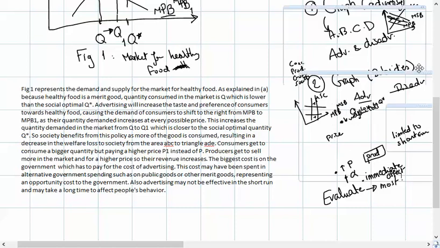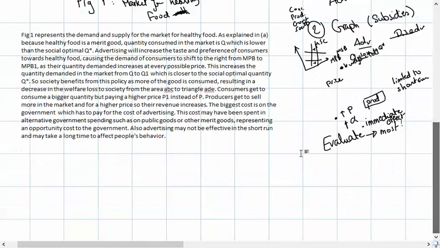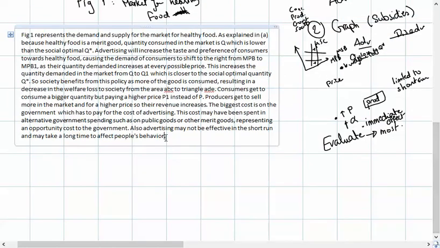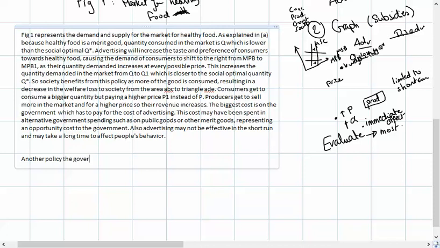So let us jump right into subsidies. As you notice, the time in the first question should be around 30 minutes, and it is getting tight. Another policy, so I'm going to move a little bit faster. The government could implement is to subsidize healthy food.